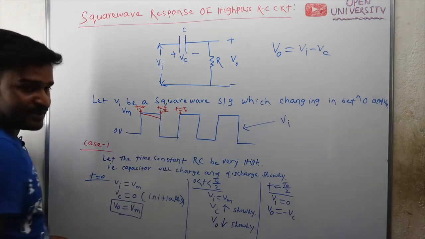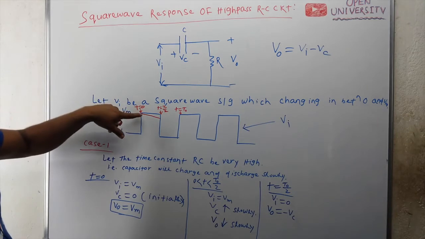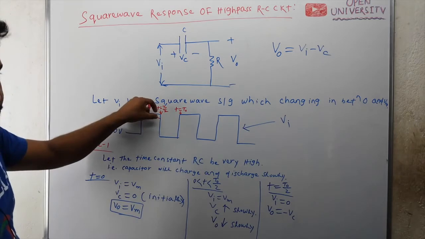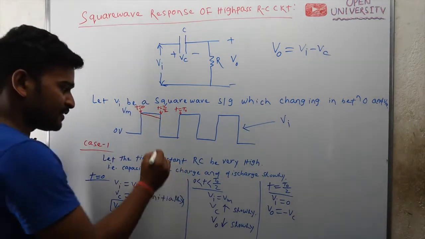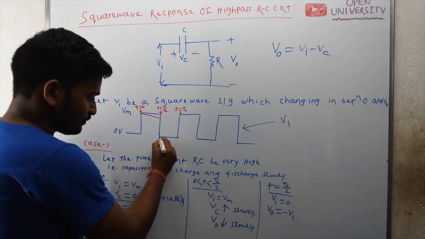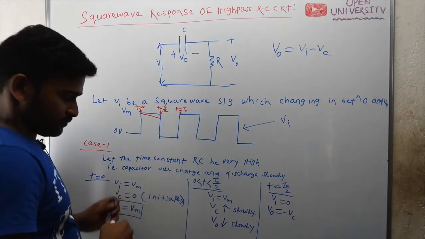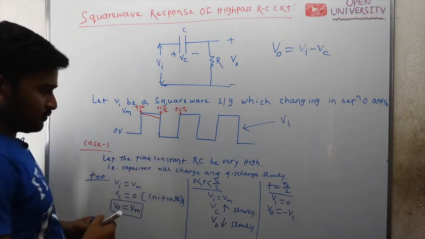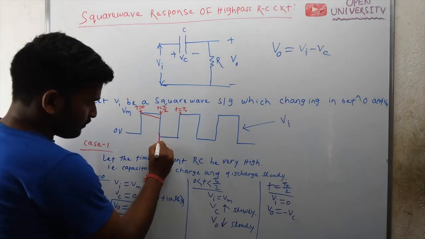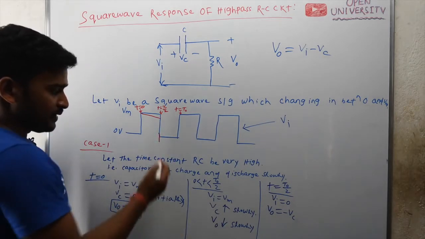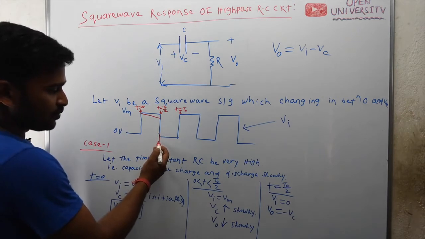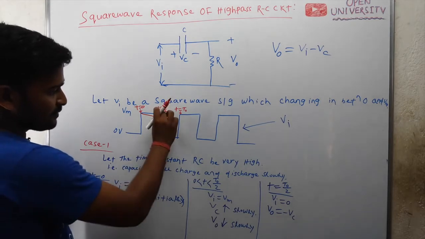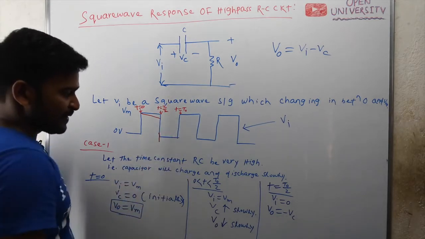Capacitor voltage will increase like this. So what will be minus Vc? This will be your minus Vc. At t equal to t0 by 2, output voltage will be minus Vc, because in this interval the capacitor will charge by this much amount.